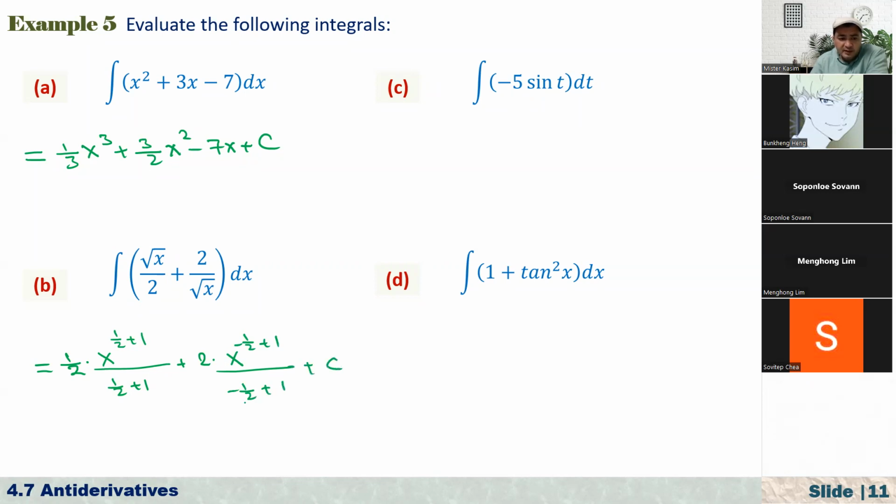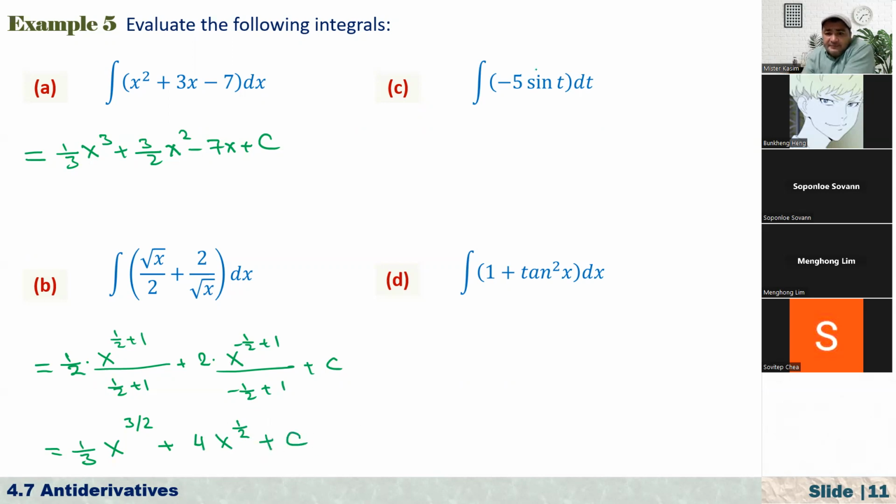If I simplify this further, 1 plus 2 gives 3, so that is 1 over 3 x to the power of 3 over 2, plus, here we have 1 over 2, so that is 4 times x to the power of 1 over 2, which is just the square root of x, plus c.